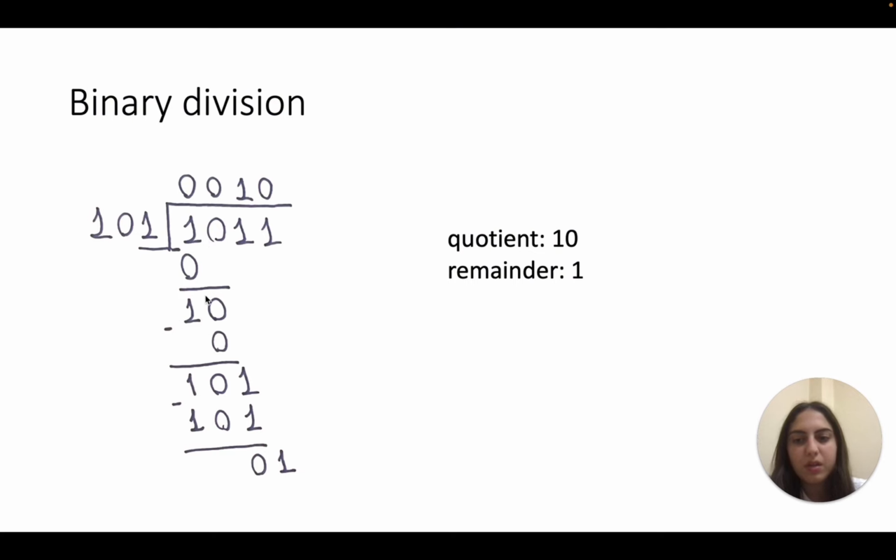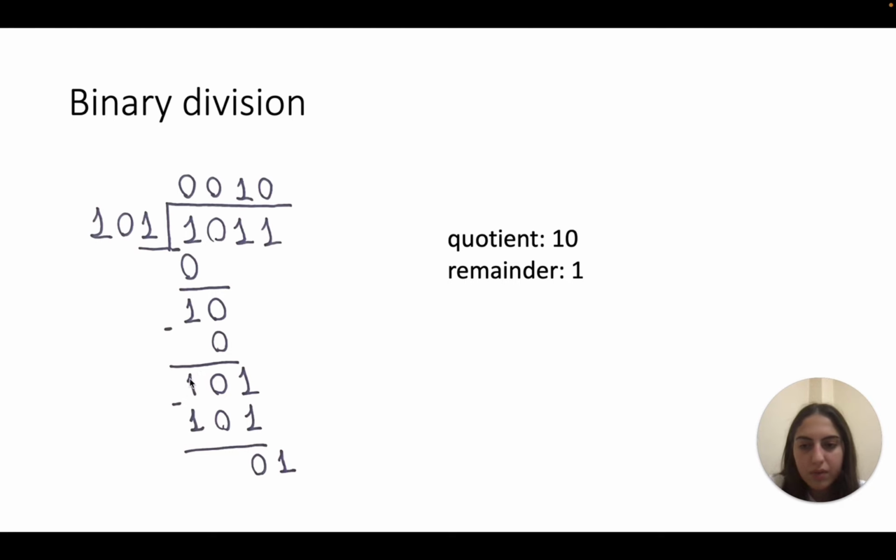Then we put the next number, 0, near the 1, and here we have 10. Again, we compare this 10 with our divisor, and we see that it's smaller. So what should we do? We just need to write 0 here and subtract that 0 from here.